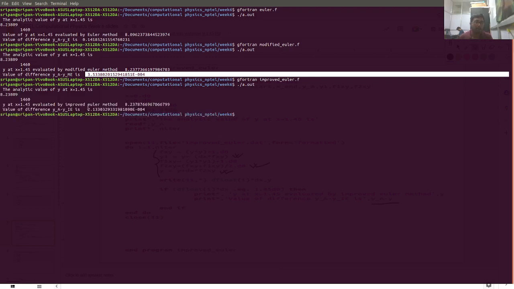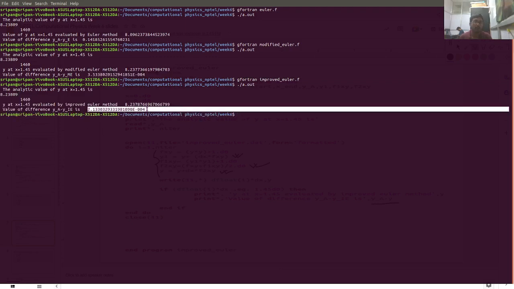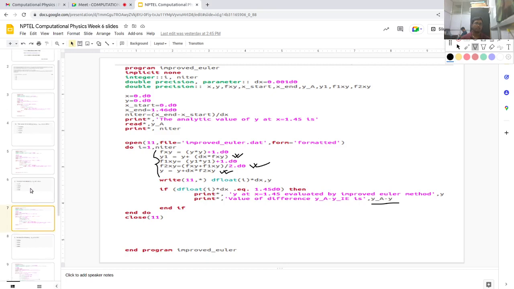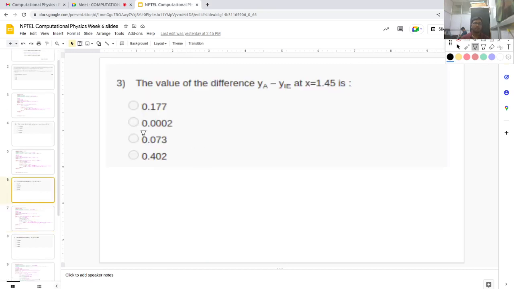Here you see, this is 2.13 times 10 to the power minus 4. So it is lesser than this value also. It was 3.53 for modified Euler, but for improved Euler the difference is less than that also. So if we look for the options, then let's look for the option which will be correct. For this, see that 0.0002 will be the correct answer for this question.